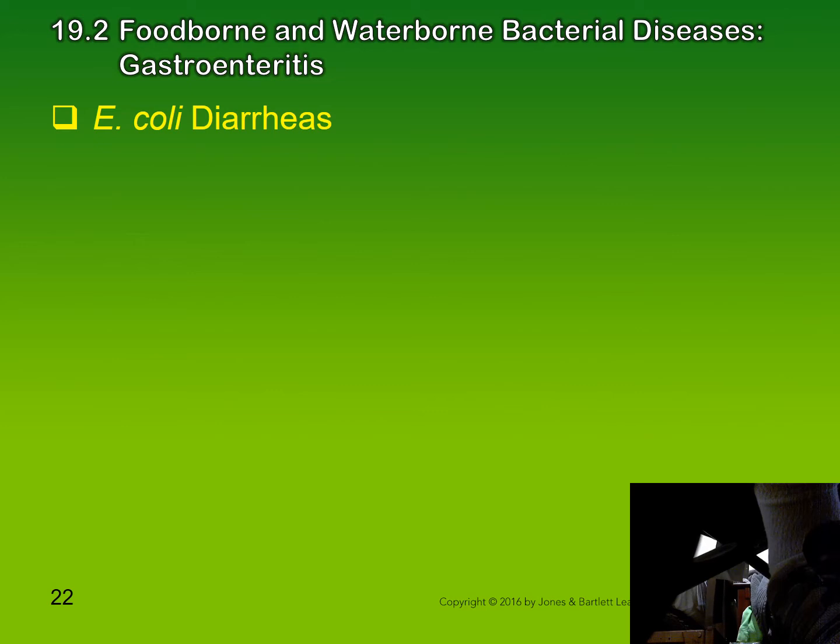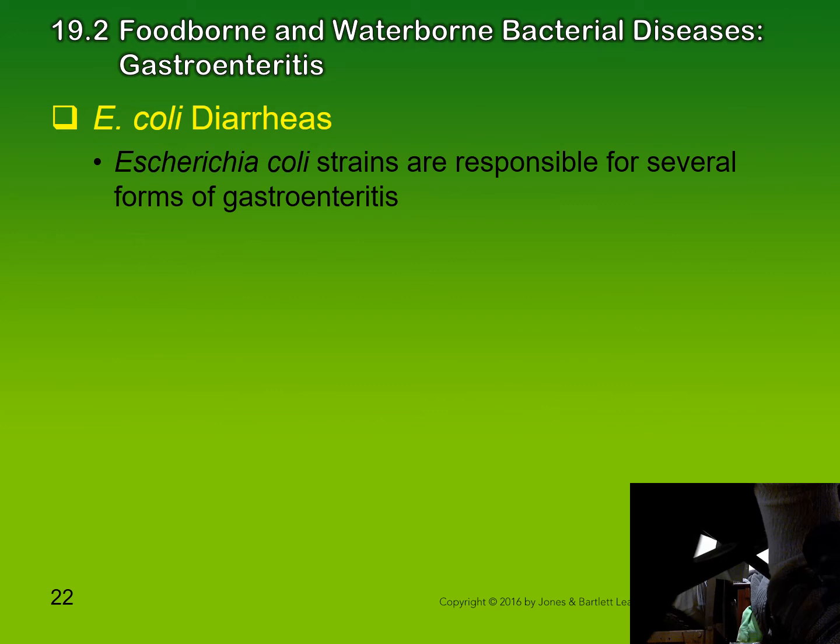Now the E. coli diarrheas. The Escherichia coli strains are responsible for several forms of gastroenteritis. These are generally spread by contaminated animal feces, and you might think, well, where would I get animal feces on my food? Think about it.